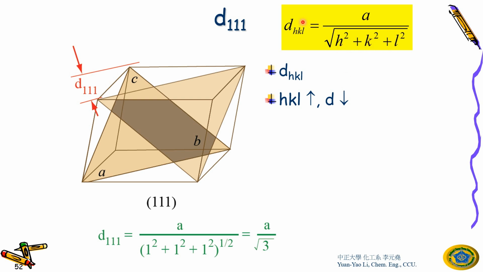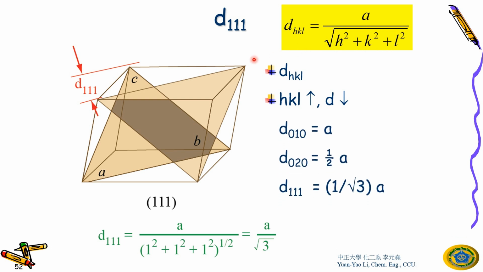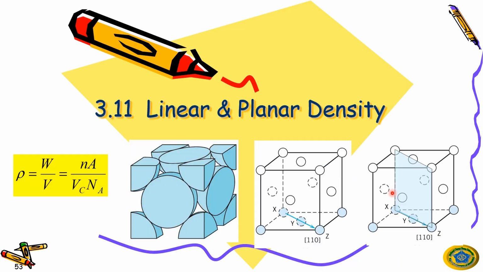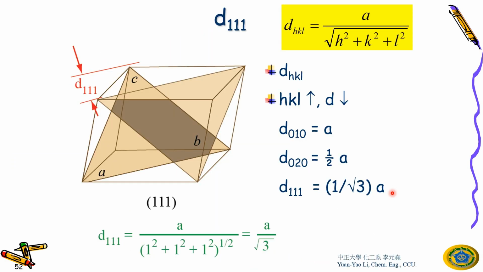HKL increase, the D will decrease. For example, if we increase the number of this HKL, the D spacing decreases. Okay, that's for your information. I'm sure you understand this. This is very easy.